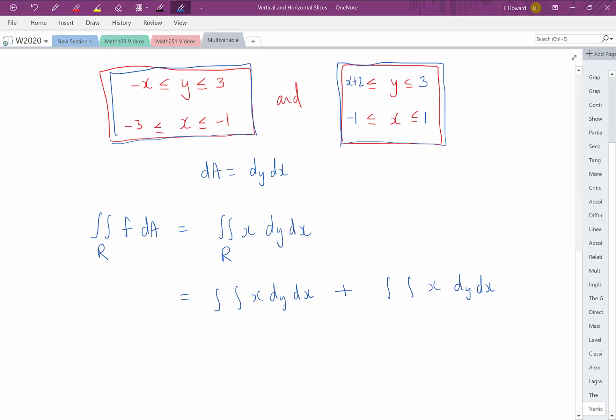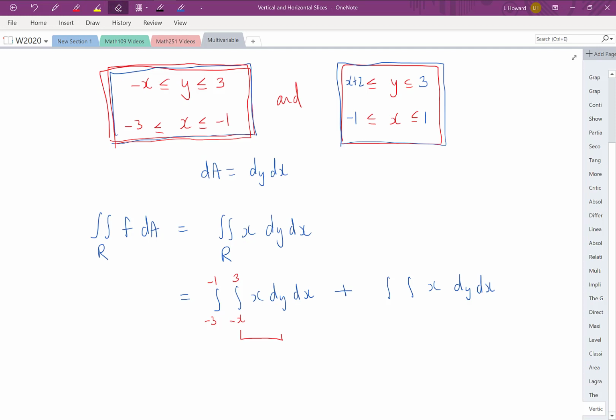Okay, so let's put the numbers on here. Whatever differential you have written down first matches up with the inside integral. So if you see dy written down first, then you know you're going to have your y values on the inside integral. Okay, so let's look at the left side of our region. We've got our description right up at the top of the screen. We said the y values were going from -x to 3, and then the x values were going to go from -3 to -1.